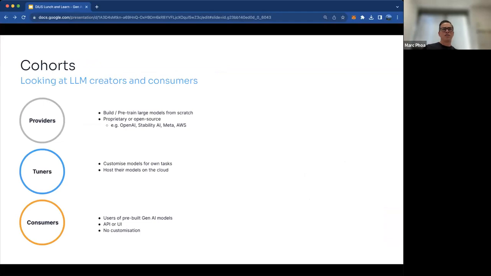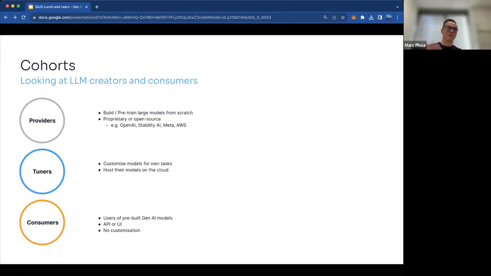This group is largely using pre-trained models to build their applications, and they're usually accessed via APIs with very little customization involved. Then when we move up, that's what we call the tuners, right in the middle there. This group is customizing those pre-built models for their own unique application or data set. So rather than consume it just via an API, they're customizing and hosting these models on their own cloud environments.